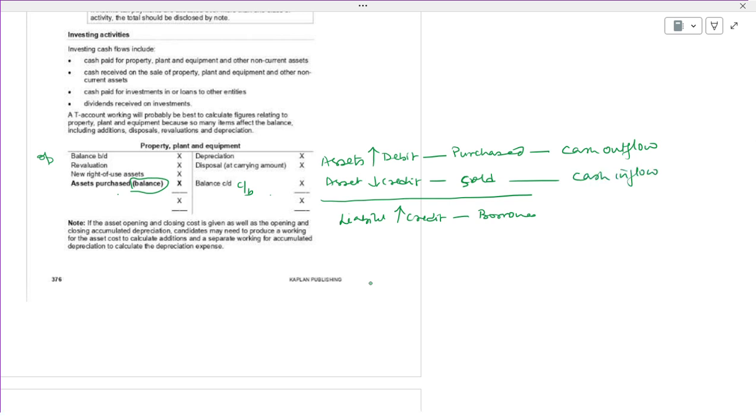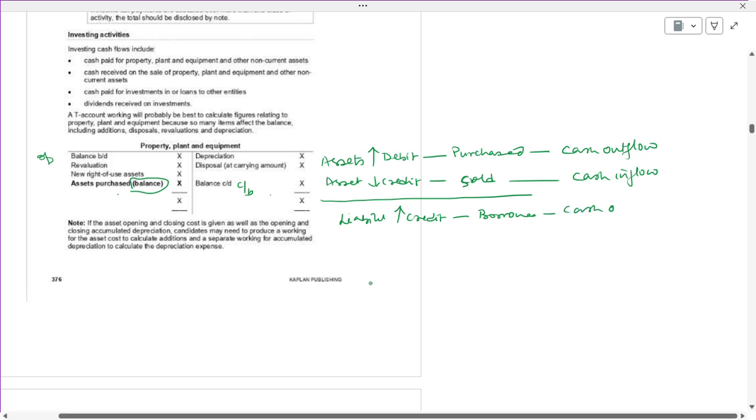If liability increases on the credit side, it means you have borrowed, so it is a cash inflow. If liabilities and share capital are decreasing, it will be on the debit side, meaning you have paid. It is a cash outflow.